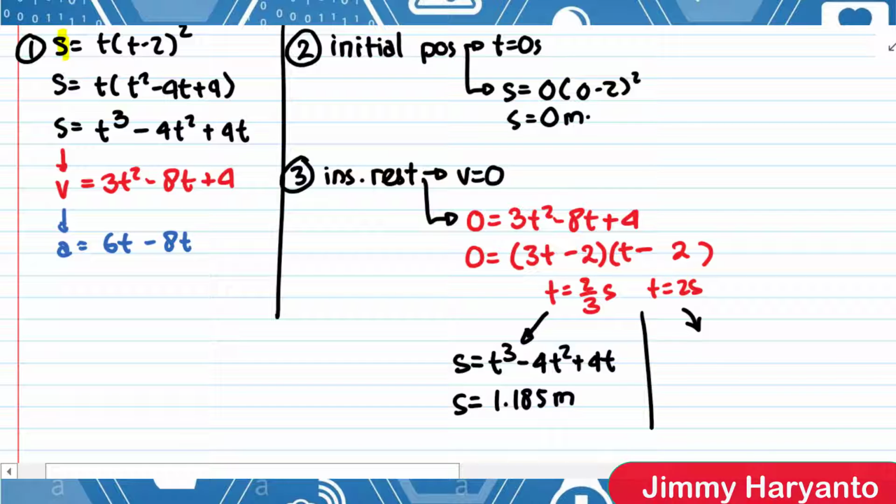So that is the position of the particle when time equals 2/3. Next is when time equals 2. When time equals 2, it will be 8 minus 16 plus 8, yeah. So s will be 0 meters.